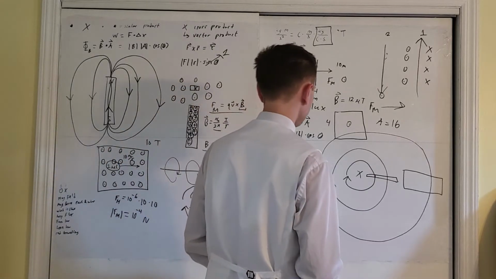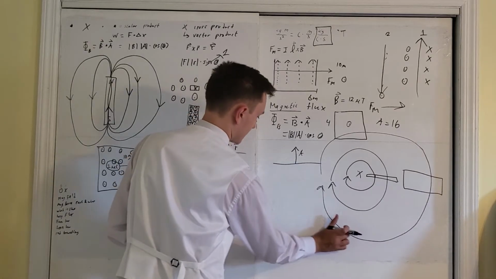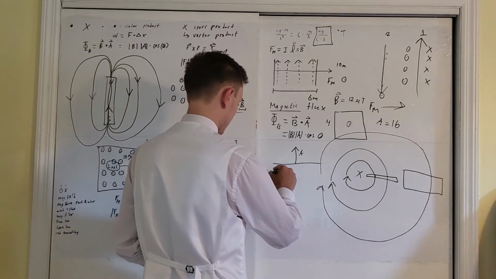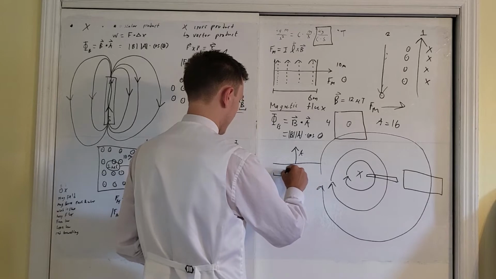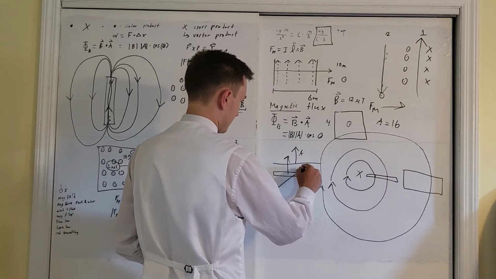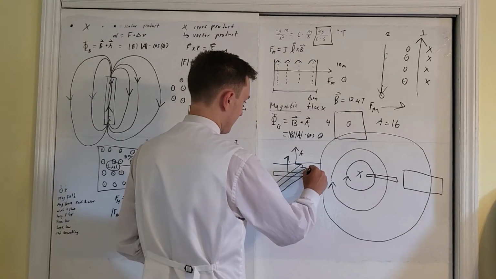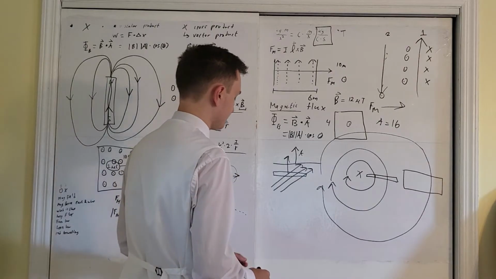Okay? Another common point at which they assess your knowledge of flux is when I have an area vector pointing directly up, and I have magnetic field vectors that are not parallel to the area vector.